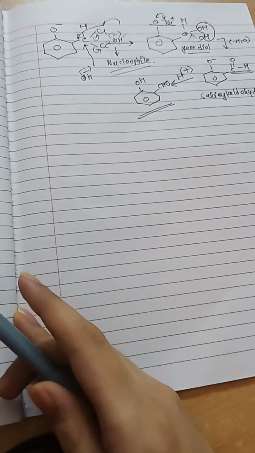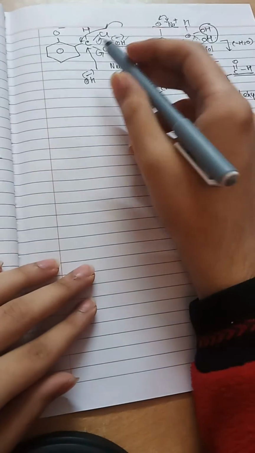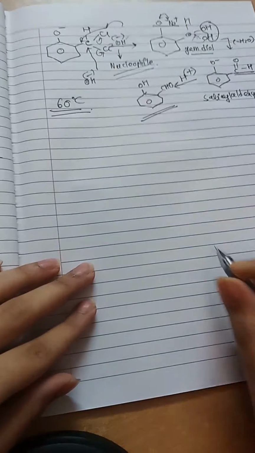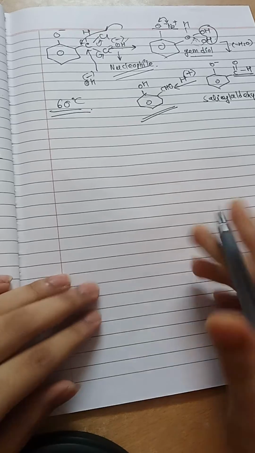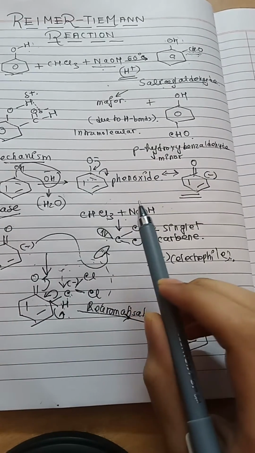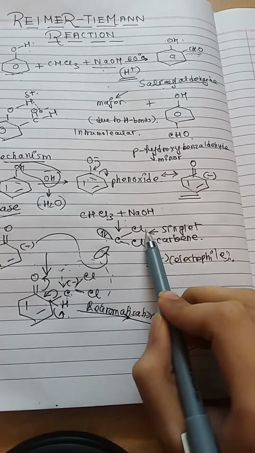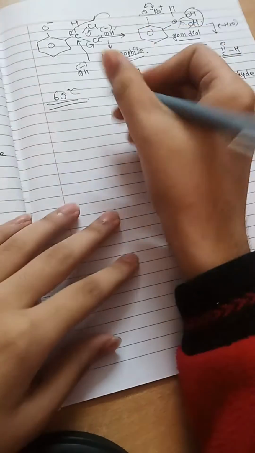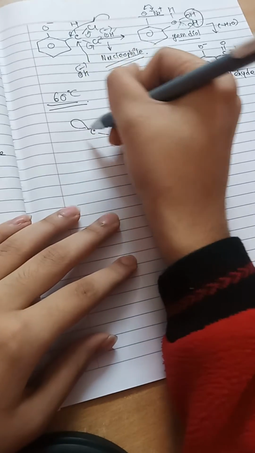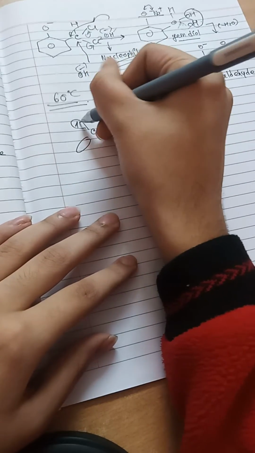Now coming to the question which I had asked, why is this 60 degrees Celsius temperature needed? The answer is that at higher temperatures, this singlet carbene has a tendency of getting converted into a triplet carbene. That is, this is a singlet carbene, with a lone pair over here.